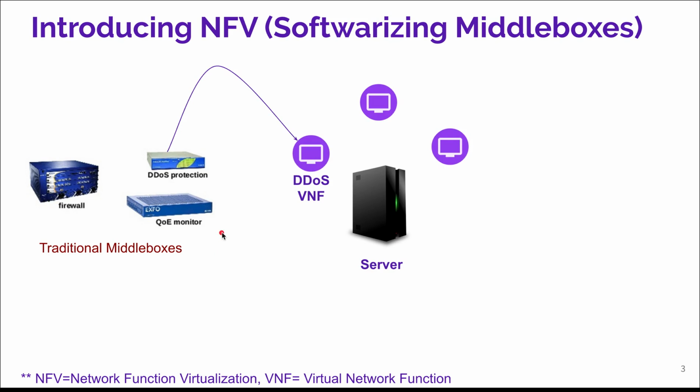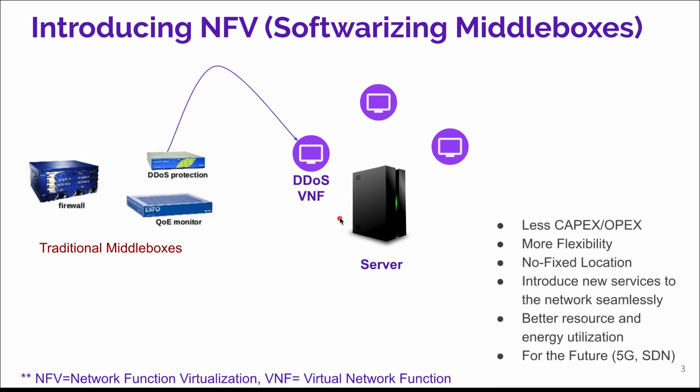So network function virtualization proposes to softwareize these network functions into virtualized instances, which is called a VNF, or virtual network function. This virtual network function is instantiated in a proprietary server in a data center. Because of this cloud native approach, there are several advantages.